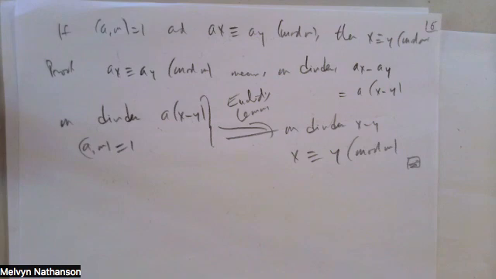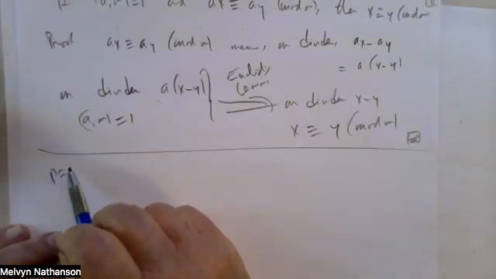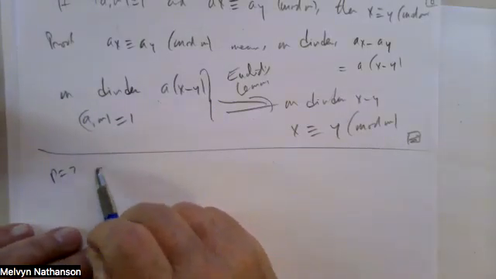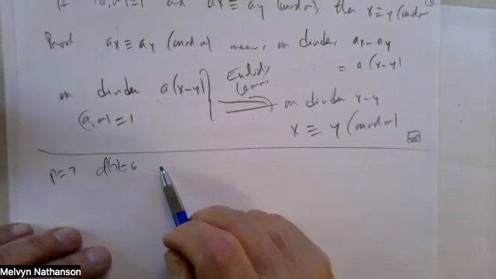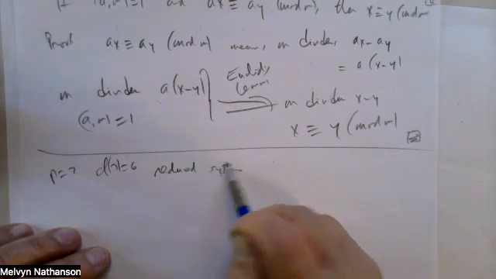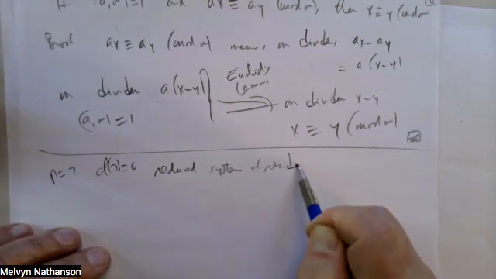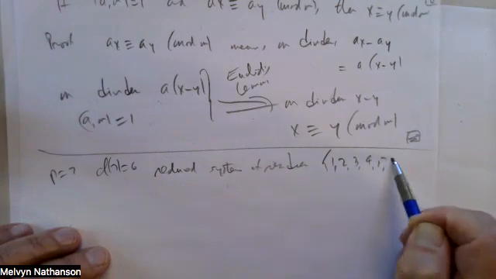Let me give a very concrete example of how this proof worked. Suppose I take P equal to 7. So phi of 7 is 6. So I can take a reduced system of residues to be the numbers 1, 2, 3, 4, 5, and 6.